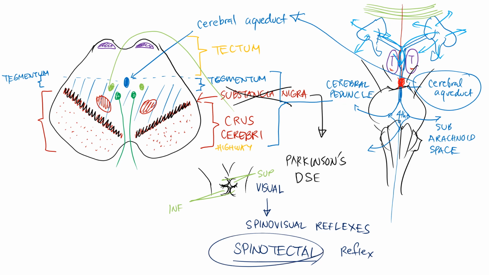Now, how about your inferior colliculus? When you talk about your inferior colliculus, think auditory, okay? It processes sounds. You hear something on your left side, your head immediately swivels to that side.